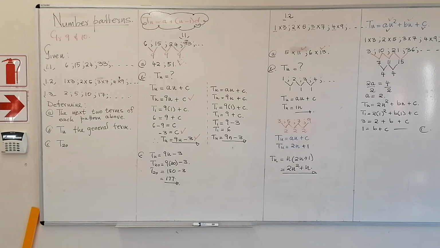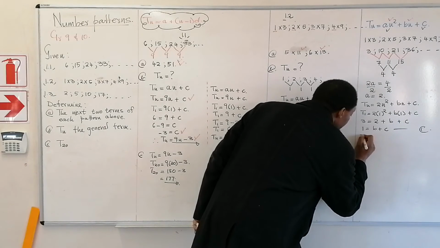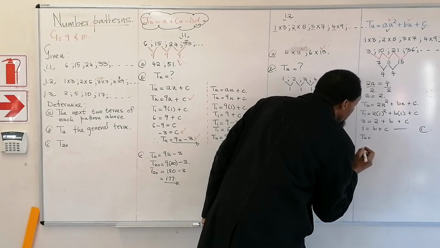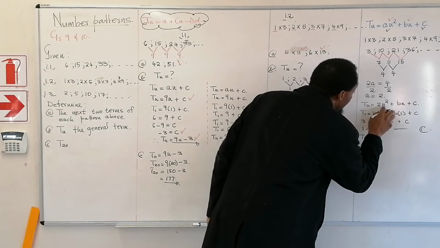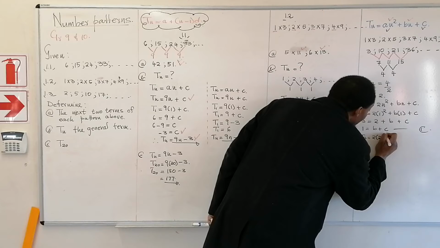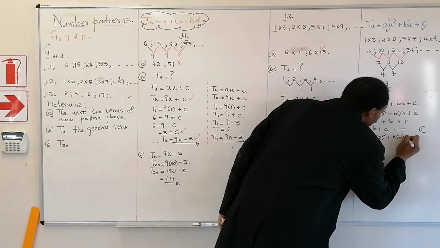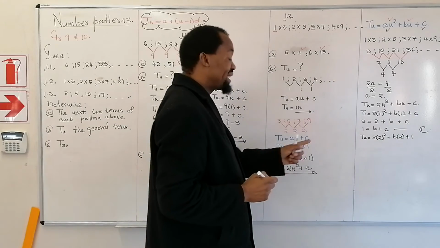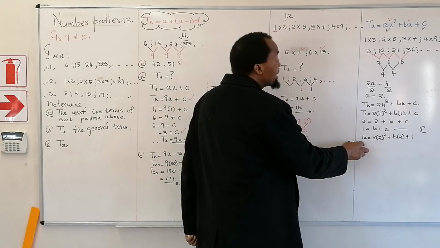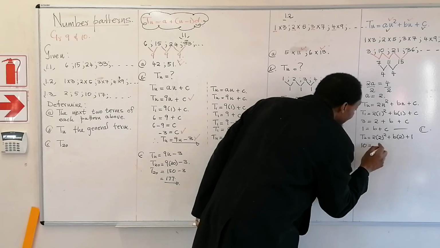Then, what do I do next? I take term number 2 from the pattern. Term number 2 is going to be equal to, remember I substitute 2 there, 2 multiplied by 2 squared plus b multiplied by 2 plus c, that is term number 2. But what is term number 2? Term number 2 is a 10 there.